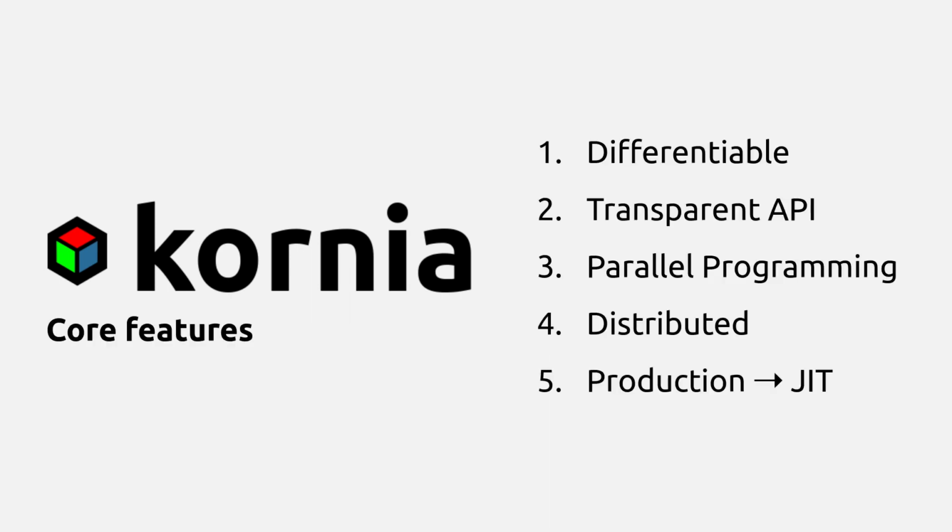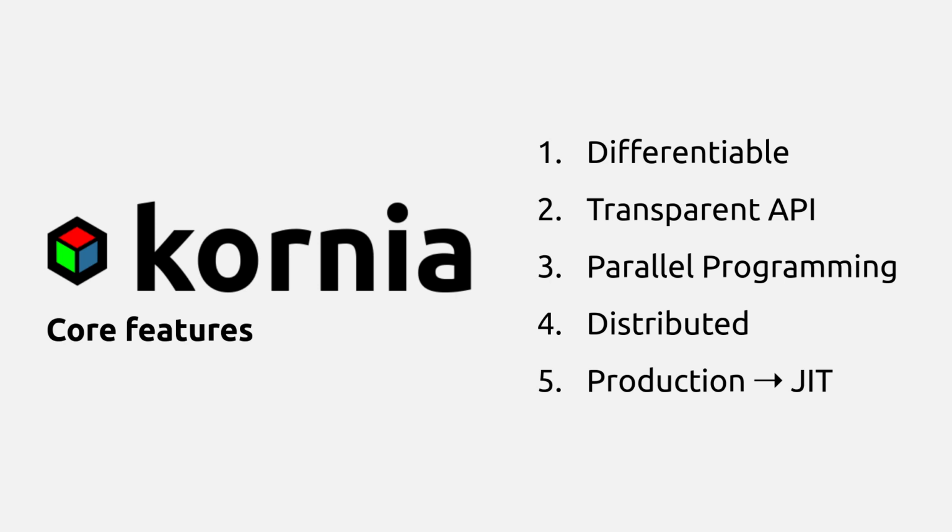Just a few items to summarize the different features of Kornia. As I said, it's in PyTorch, so it inherits the different properties of PyTorch that, if you have been working with PyTorch, you might know: it's differentiable. It has a transparent API and parallel programming, so you can run on different devices, CPUs, GPUs.